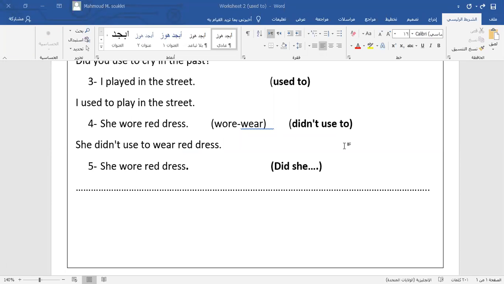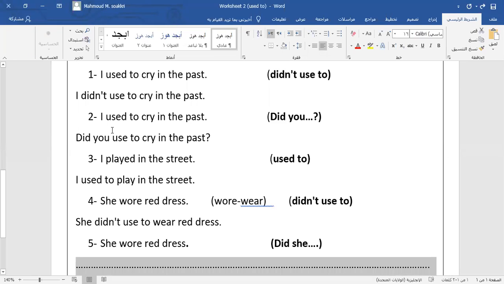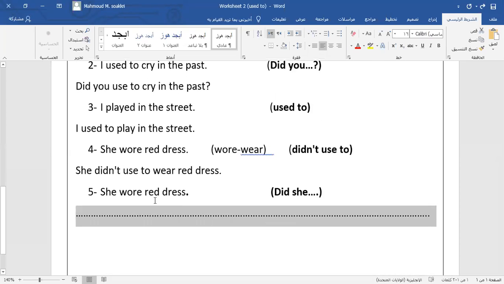Yasin Ahmed. Number 5. She wore a red dress. Look, Yasin, at this example first. I used to cry in the past. So we say, did you used to cry in the past? The same is here.